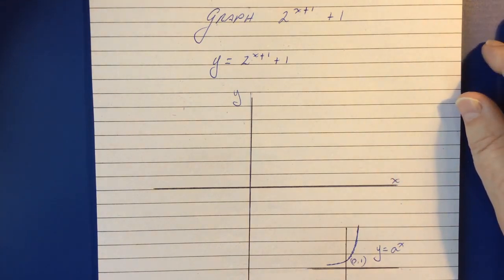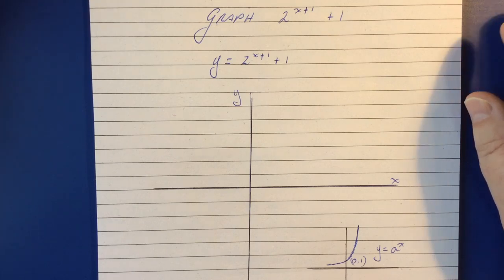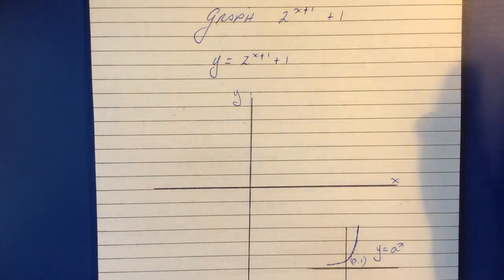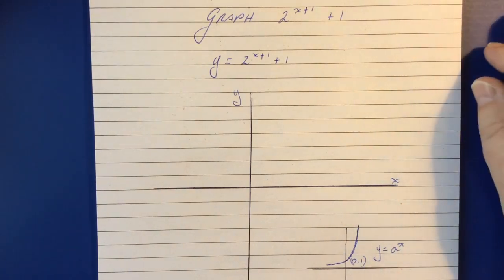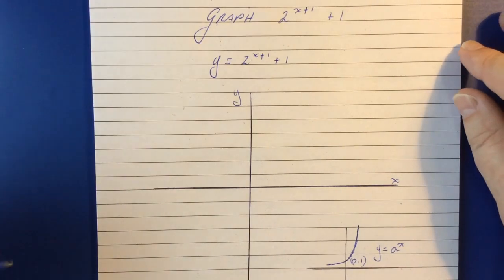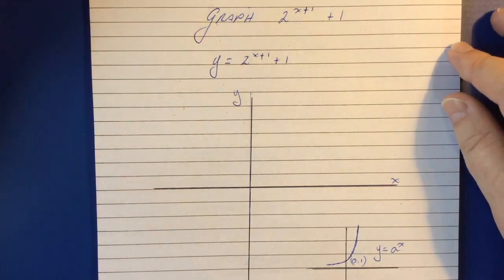So there'll be another link in the description to my video on dealing with the graphs of unknown functions. You'll see it there. And the method I'm going to use is quite similar to what I do there.